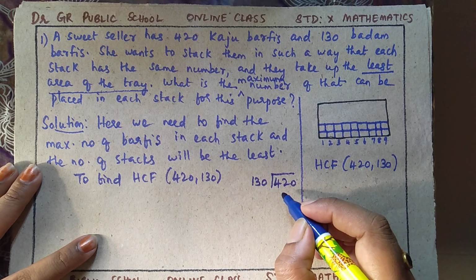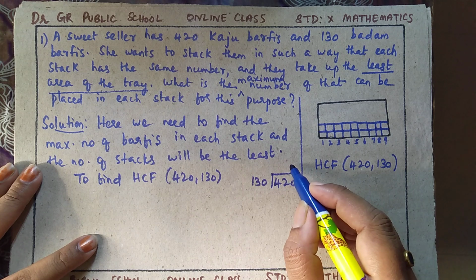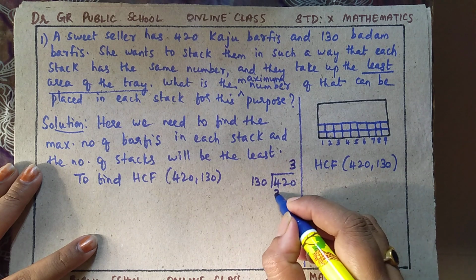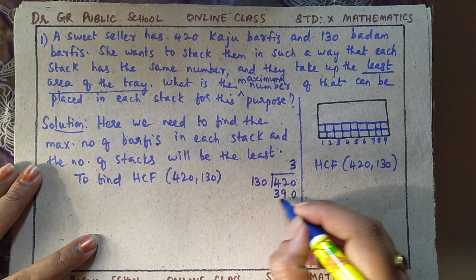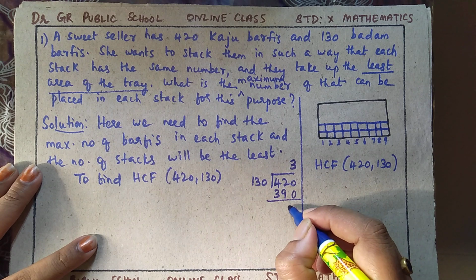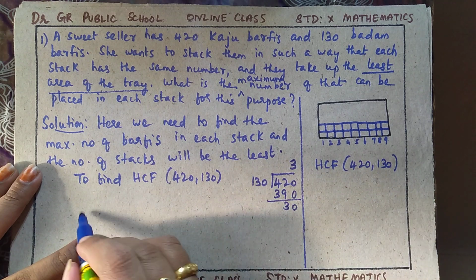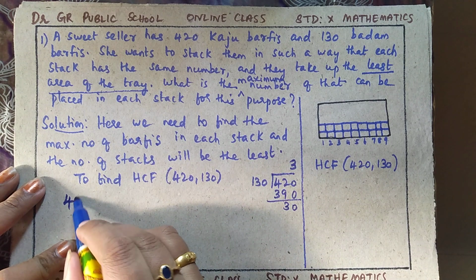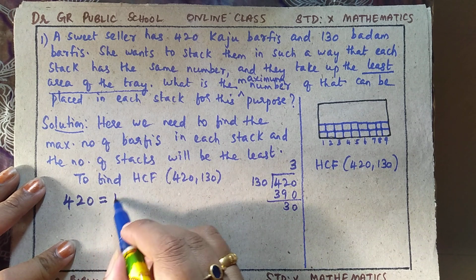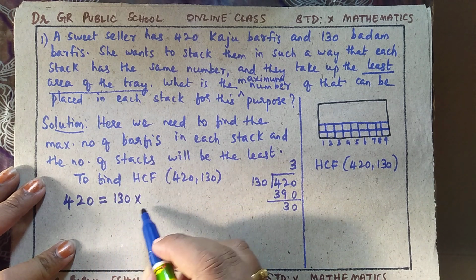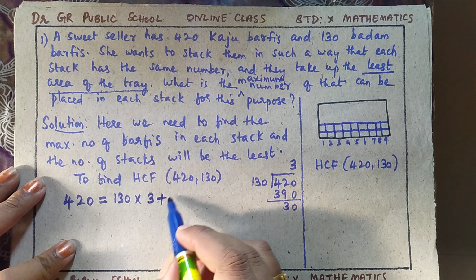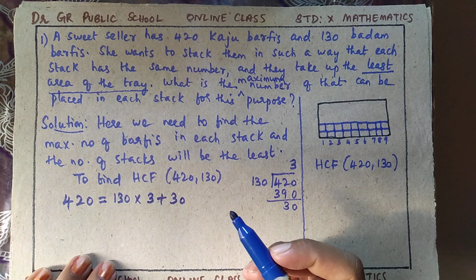So when you divide, how many times? 3 times. 3 times we will get 390. The balance is 30. So again we can write the step: 420 equal to 130 into 3 plus 30. Okay children.